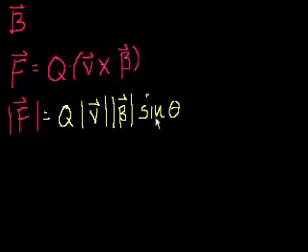This is the definition of cross product, and then if we wanted the actual force vector, we could just multiply this times the vector we get using the right-hand rule. We'll do that in a second. But anyway, we're just focused on units. Sine of theta has no units, so we can ignore it for this discussion. We're just trying to figure out the units of the magnetic field.